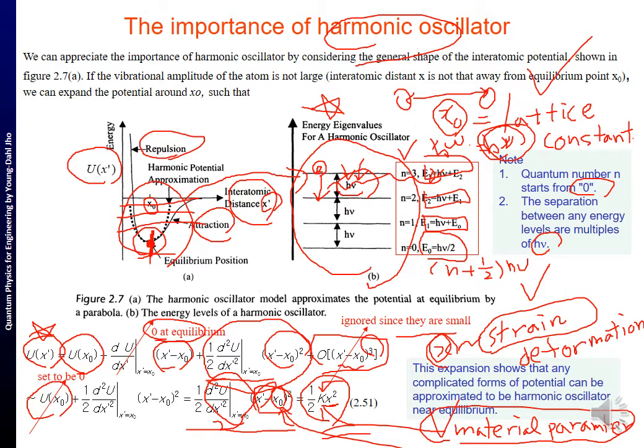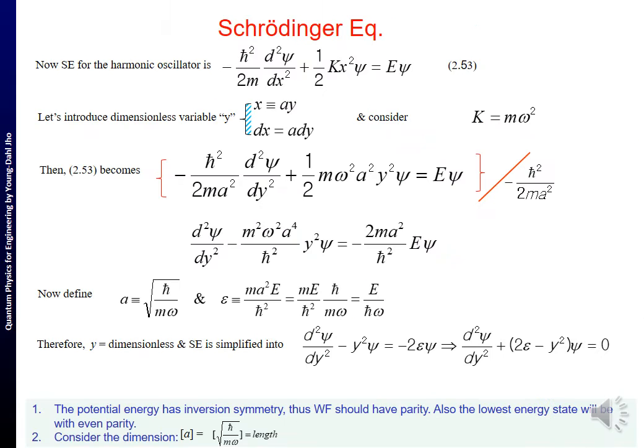So those are sort of an intuitive picture of the harmonic oscillator, and you will repeatedly find the related concepts as listed here in many other research papers. Schrödinger equation.